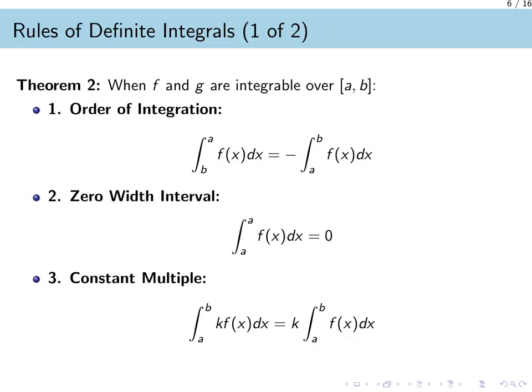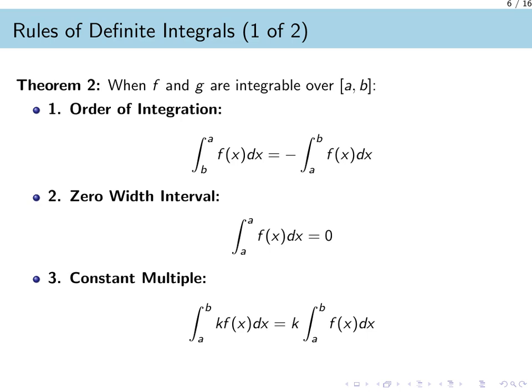We will now establish some basic algebraic rules that make working with integrals easier. These properties allow us to manipulate the limits of integration and constant factors without recalculating Riemann sums. First, if we reverse the order of integration limits from b to a instead of a to b, the value of the integral simply changes its sign.